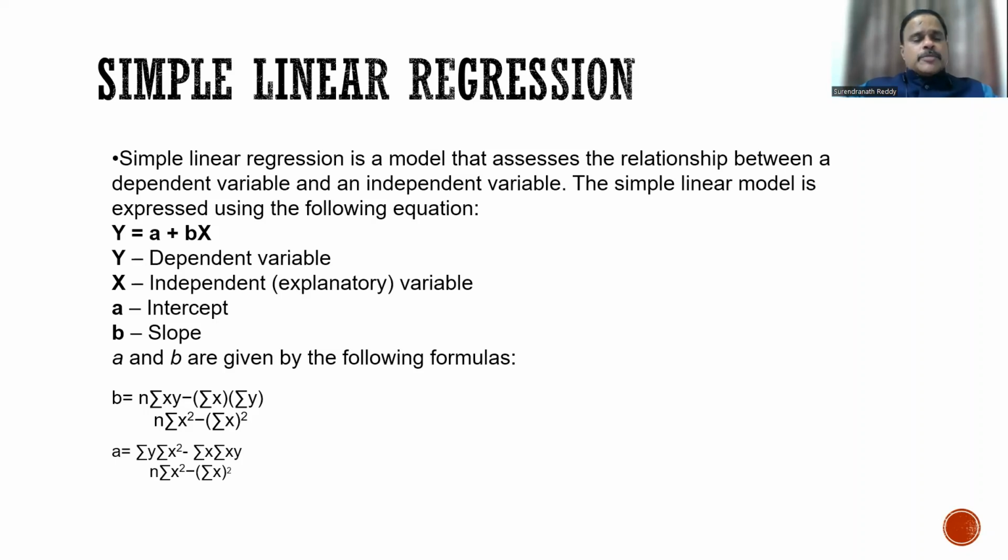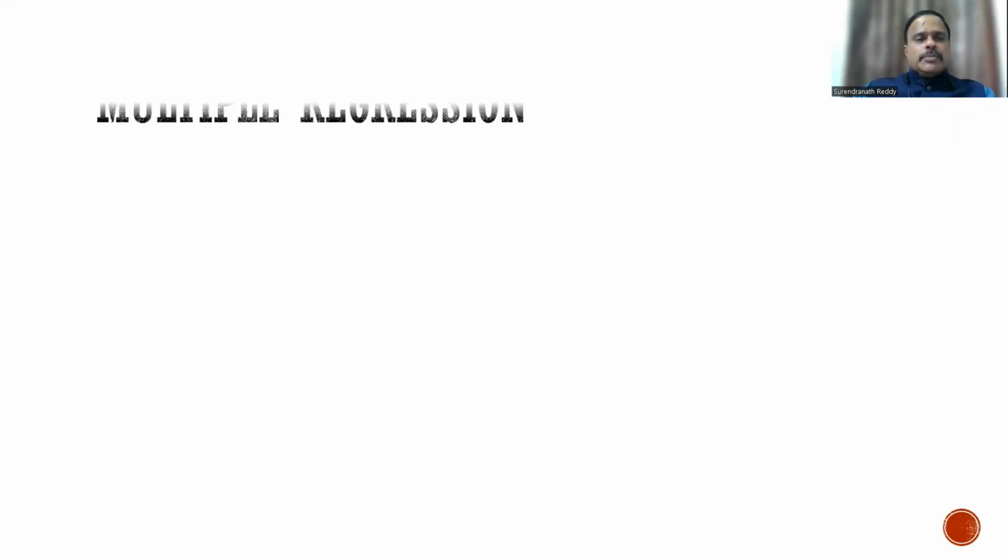It can be expressed in the form of this formula, y = a + bx. Here y is the dependent variable, x is the independent variable, a and b are constants, a is the intercept, b is the slope. We also look at the formulas which are given for calculating the values of a and b. So a simple linear regression will explain the relationship between one independent variable and one dependent variable.